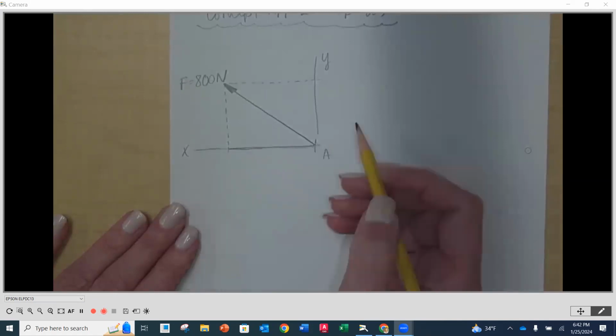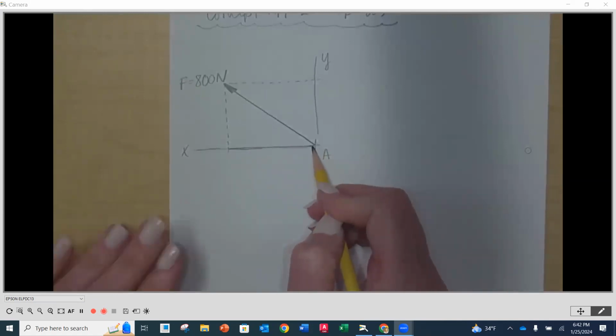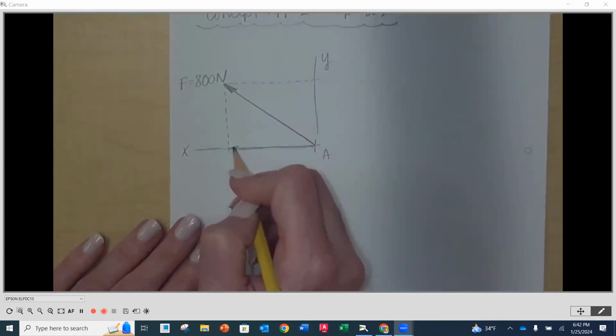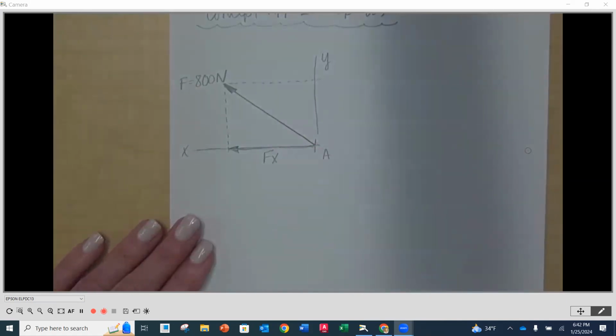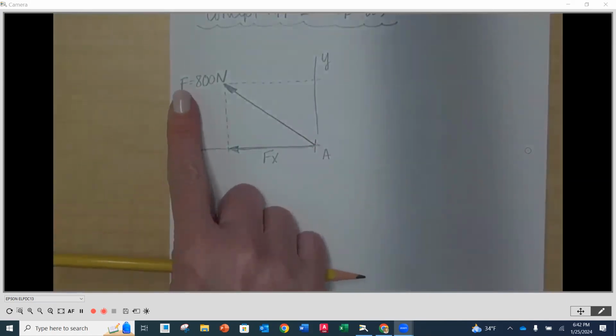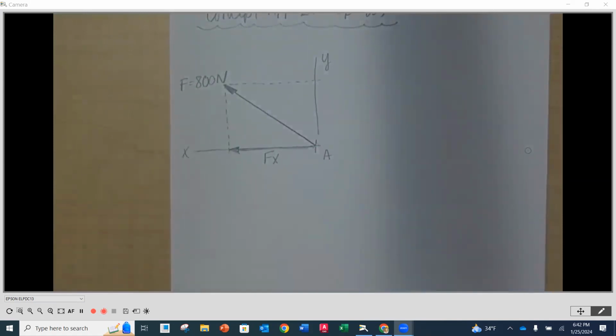We're going to start our X component at the origin A, and the tip is going to go to the intersection that was created, and we're going to label this Fx. So if you are labeling the force itself with a variable F, then its X component is going to be Fx. If you label it force A, then the X component would be Ax.